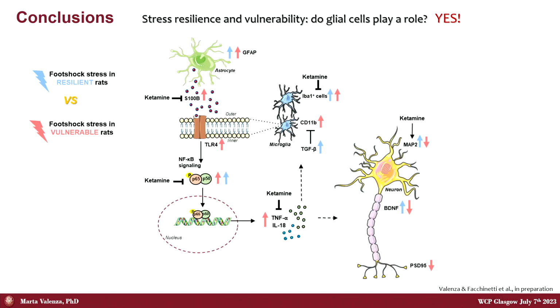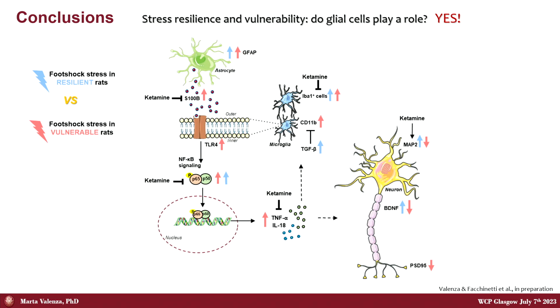So, in conclusion, we can say that glial cells, astrocytes and microglia, promptly react to stress. We saw a stress-induced upregulation, activation of the NF-κB signaling, but this results in different outcomes in the resilient and vulnerable groups, since only in the vulnerable group we saw a pro-inflammatory environment.